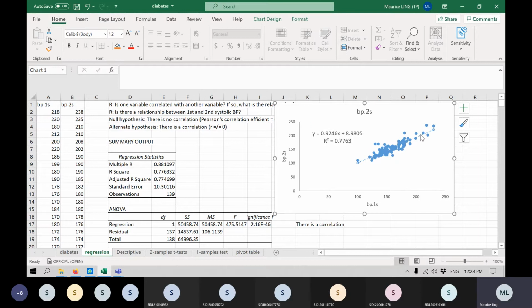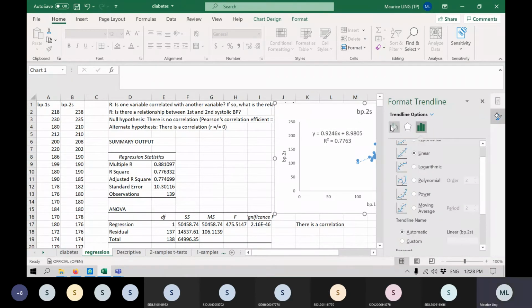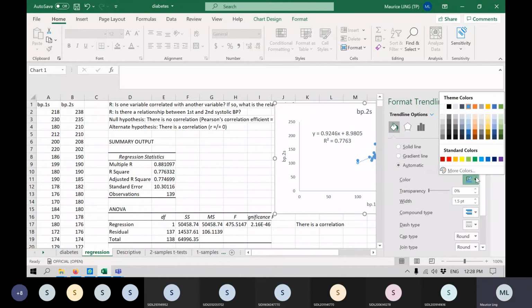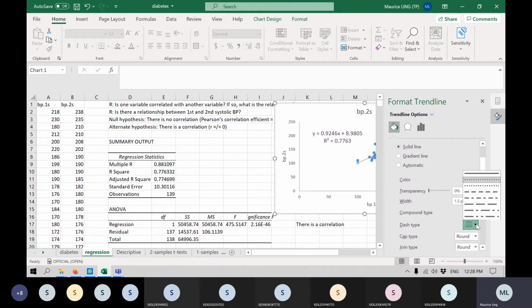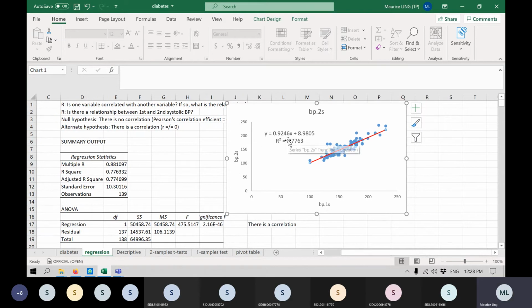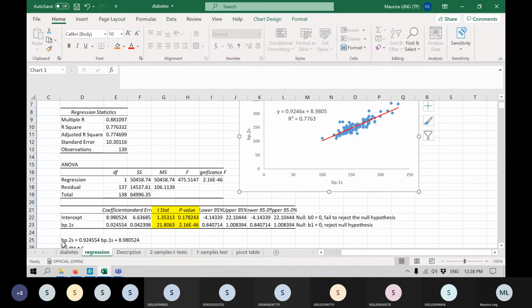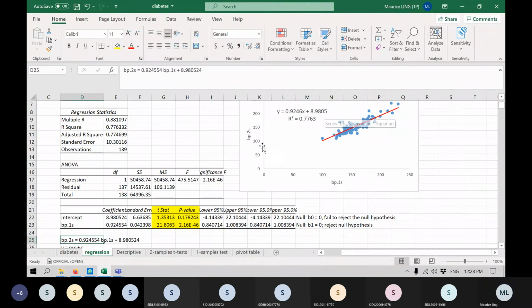You can change the color of the line if you want to. I normally change the color because it makes it more visible. So you see, the R square value is the same as what you have in your regression statistics, and the equation is the same as your equation here. It's the same number.